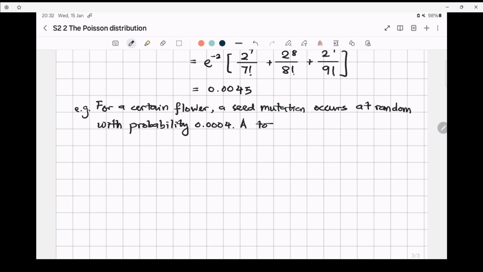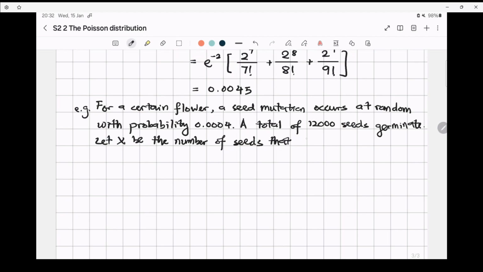A total of 12,000 seeds germinate. So let X be the number of seeds that germinate and carry the mutation.